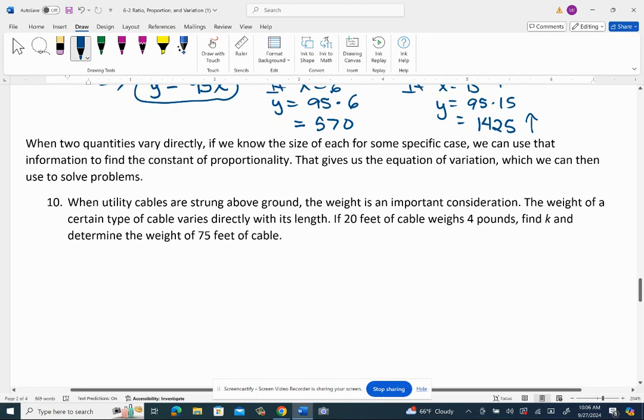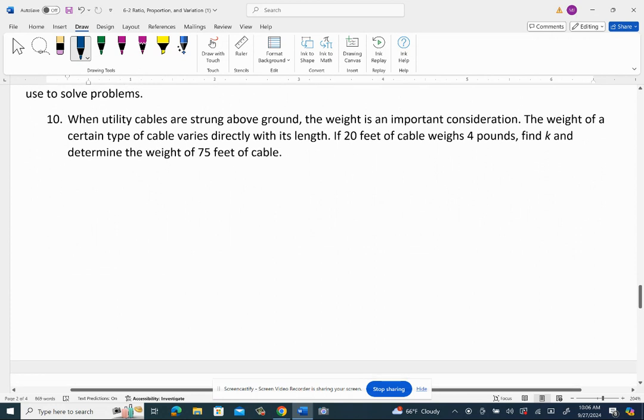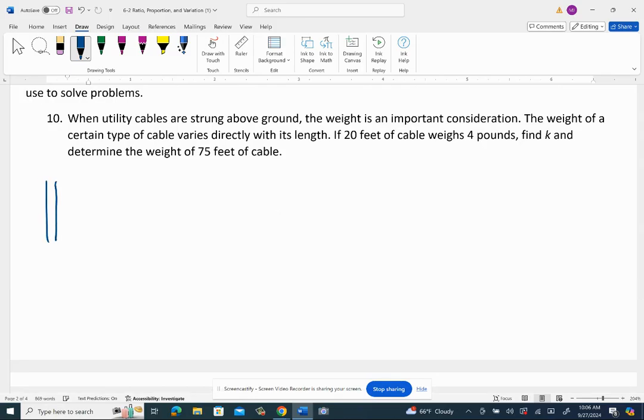Here what I have are utility cables that are strung above the ground. I'm thinking about it like telephone poles with a cable running between them. It says the weight of a certain type of cable varies directly with its length. They didn't tell me a formula, but they kind of did by using that language.